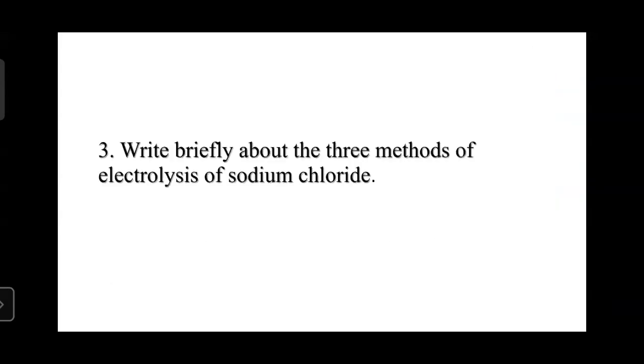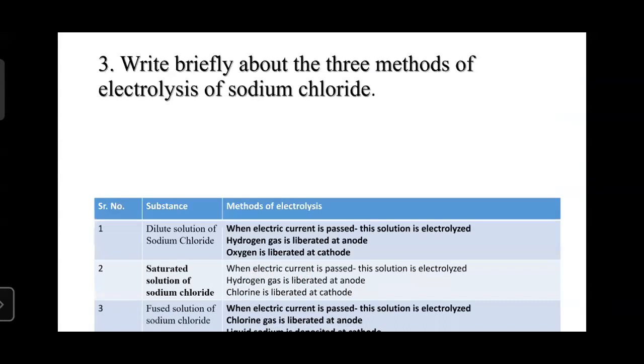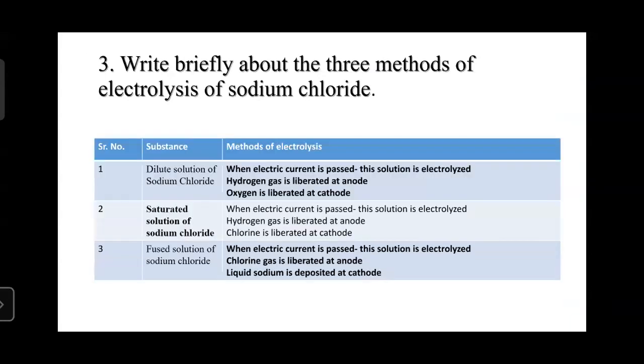Now, next question. Write briefly about 3 methods of electrolysis of sodium chloride. Firstly, sodium chloride is in 3 forms. First form, it is in dilute solution. The dilute solution is the solution in water. Second, saturated solution of sodium chloride.